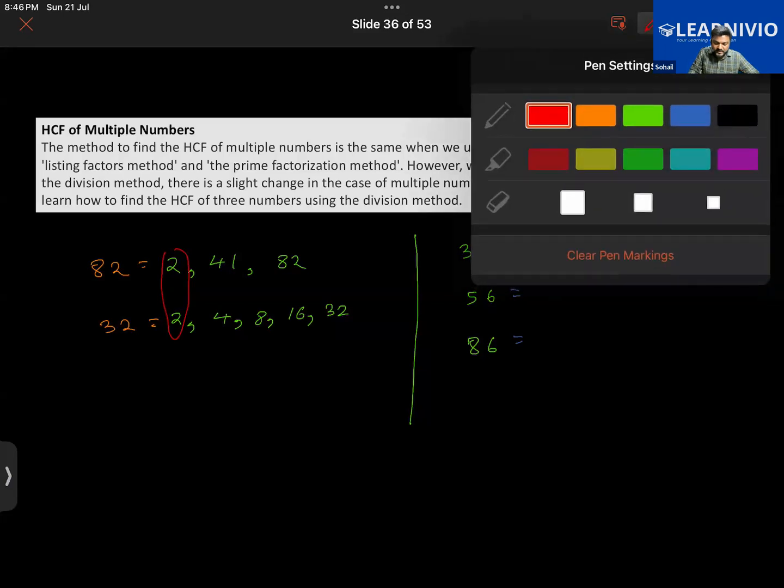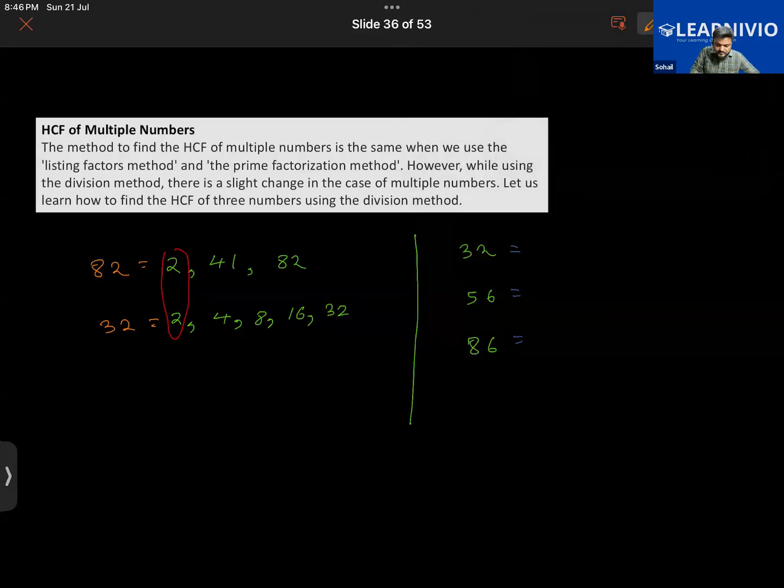What are the factors of 32 again? 2, 4, 8, 16, and 32. What are the factors of 56? 1, we can take 1 also, good. 1, 2, 7, and 8.